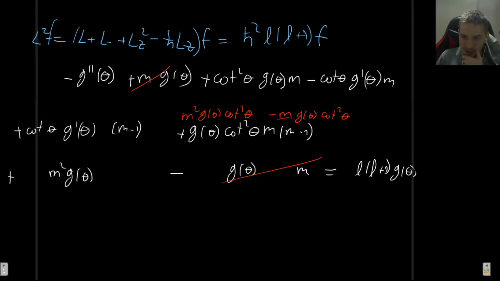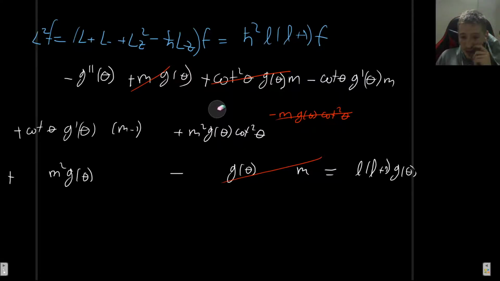And this is actually the same as this right here. So that part will cancel out, and we will be left with, I'm going to write it back here in white, m squared g of theta cotangent squared of theta. And I think that's everything that cancels out, right? Cotangent g prime minus cotangent g prime. Well, I'm going to now group everything together, and if there's anything else that cancels out, we're going to see that very soon.